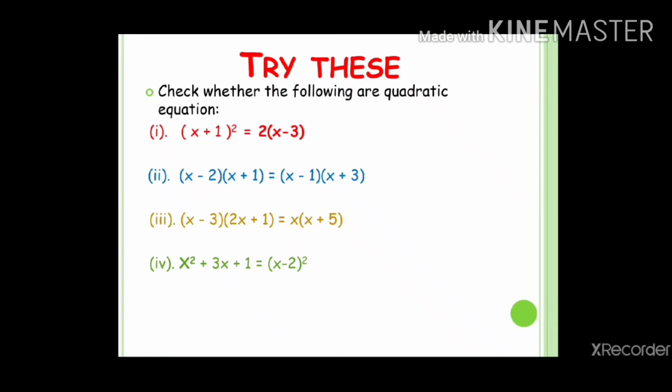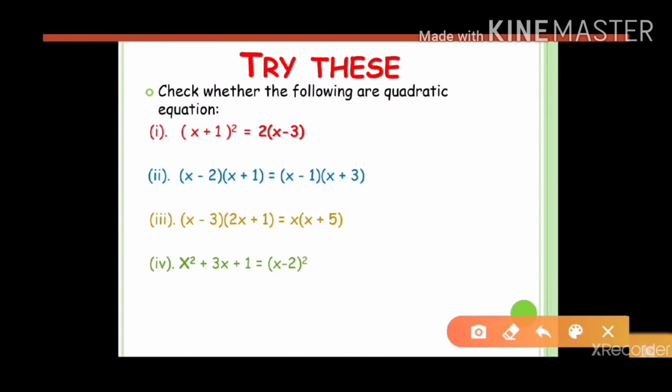Check whether the following are quadratic equations. Whole square of x plus 1 equal to twice of x minus 3. We know that the whole square of x plus 1 is x squared plus 2x plus 1, equal to 2 multiplied by x, which becomes 2x, and 2 multiplied by minus 3, which becomes minus 6. We can write it as x squared plus 2x plus 1.